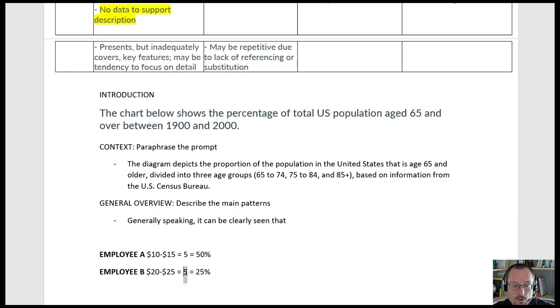So even though they both nominally got the same amount of increase, $5, it represents double the raise for employee A compared to employee B. So that's why you need to find the percentage differences rather than just these absolute amounts, because they don't tell us anything.